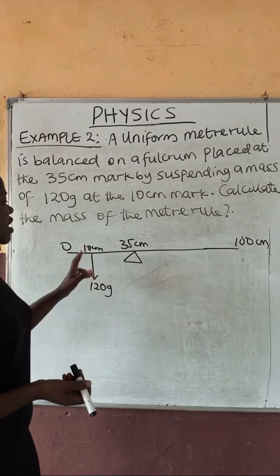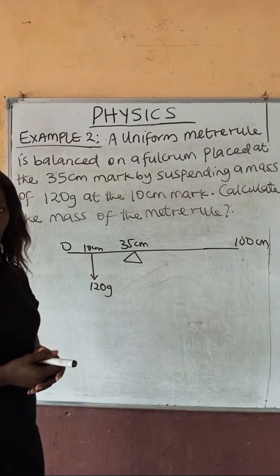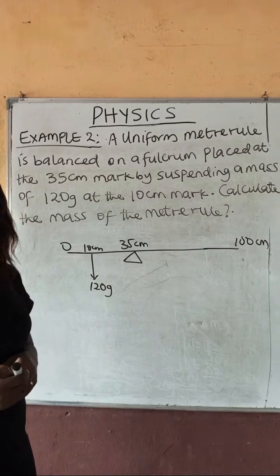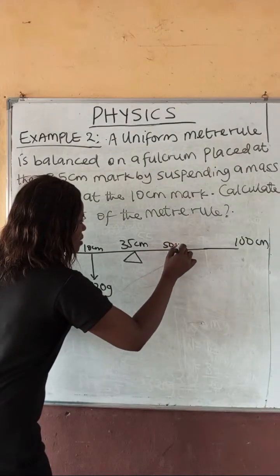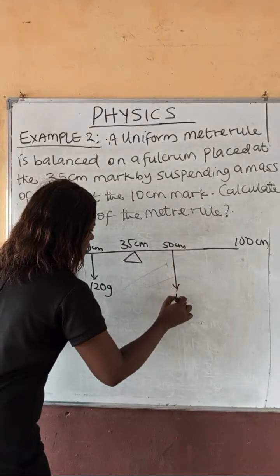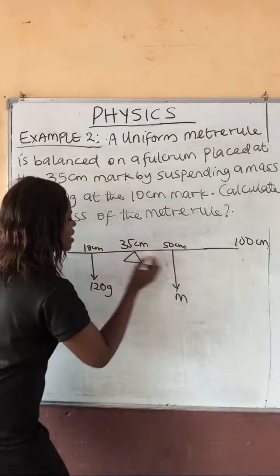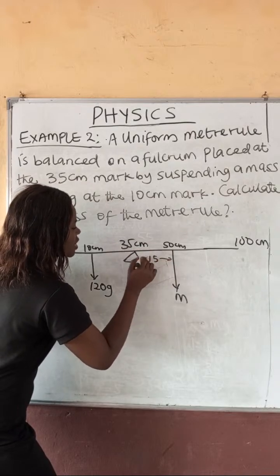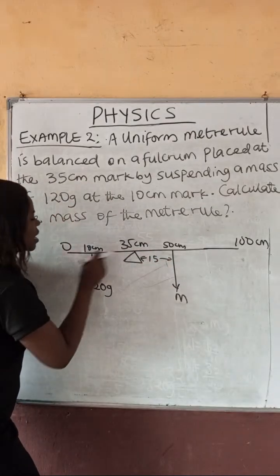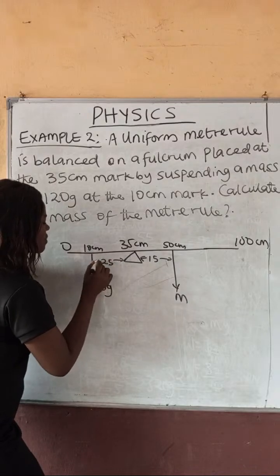Knowing that the meter rule has its center at 50 centimeter, we are going to place the mass at 50 centimeter. So the distance from here to here, 50 minus 35, is 15. And 35 minus 10 is 25.